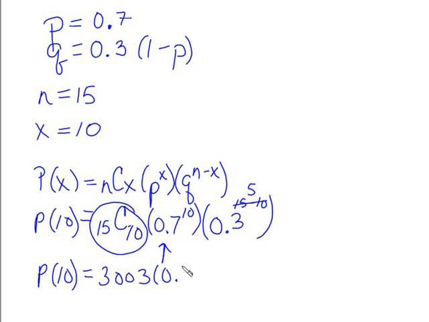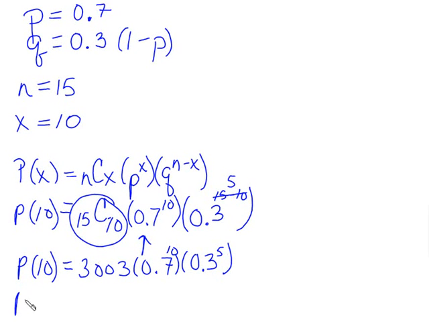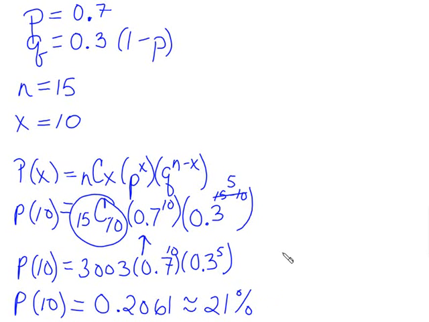And then when you multiply that by 0.7 to the 10th power and 0.3 to the 5th power, you find that the probability for exactly 10 households having cable is almost 21%. Round it, we'll say it's 21%. And that's how you would do this problem using the binomial formula.